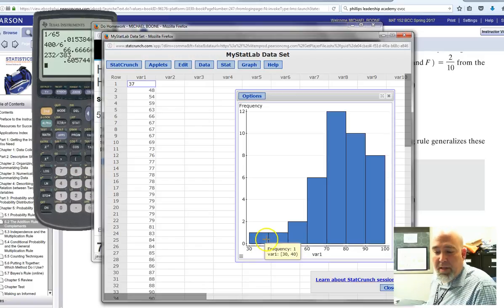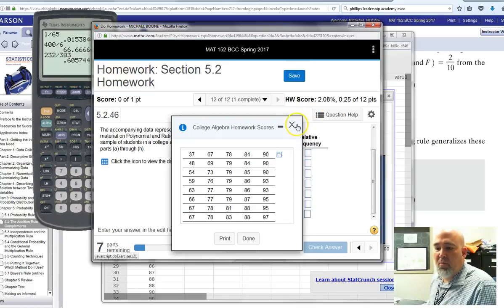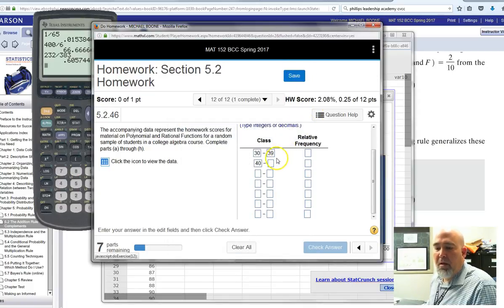So that means I have 1 in that group, 1 in this group, 2 in this group, 6, and so it'll give me those counts, right? It'll give me the frequency. Again, we would have to divide by the total to get the relative frequency, but that would be a way to help us out.